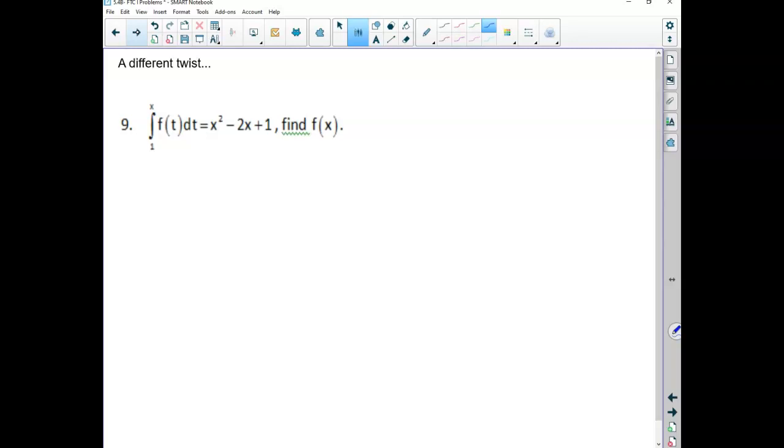Well, just remember the integral from 1 to x of f of t dt actually equals big F of x plus some constant. Big F is my antiderivative.